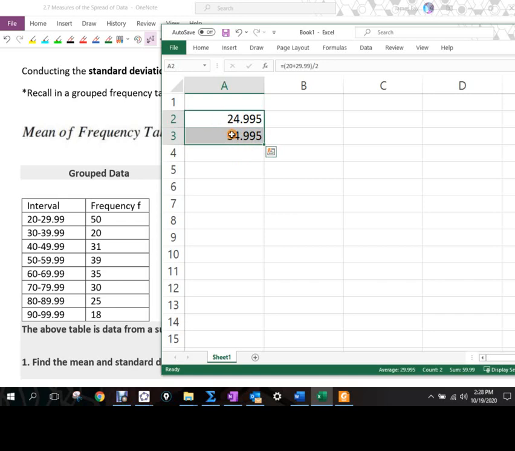But if I've developed the pattern between two cells, if I highlight those two cells, you see this little box down here in the right-hand corner? It's very small. But when I put my cursor on it, my cursor changes from this kind of block crosshair to the thin crosshair. Basically what it's saying is, capture whatever the pattern is right there, and then replicate that pattern as much as we need to.